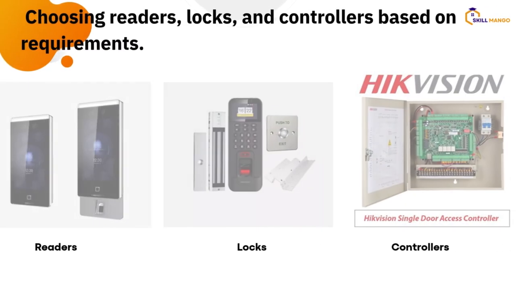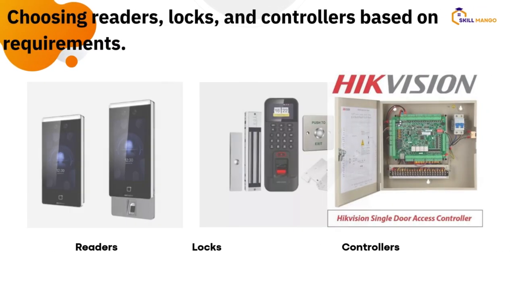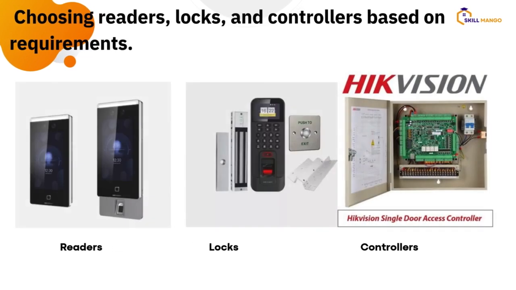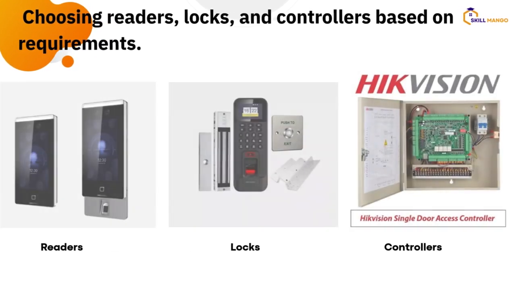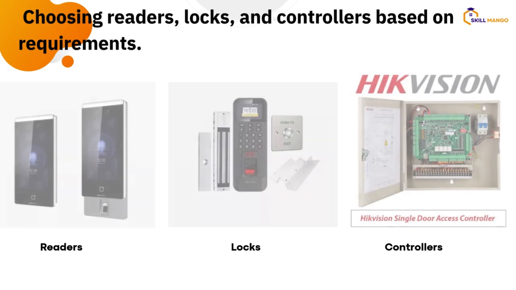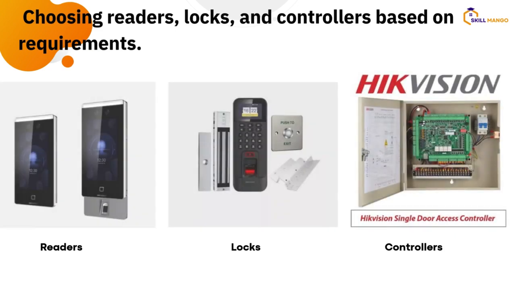Okay. All right. So choosing a reader, we have different kinds of readers, locks and controllers. You have to tailor it according to your site or client requirements. Okay, so this is very important when we're designing the system as a trained professional. So let's not assume.